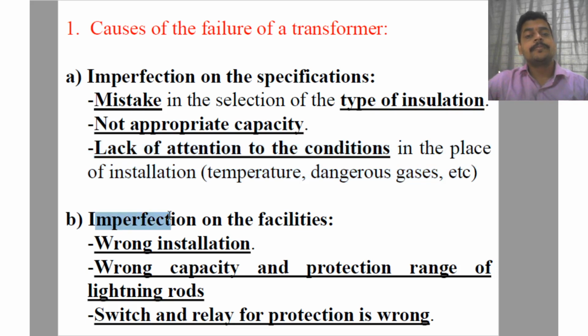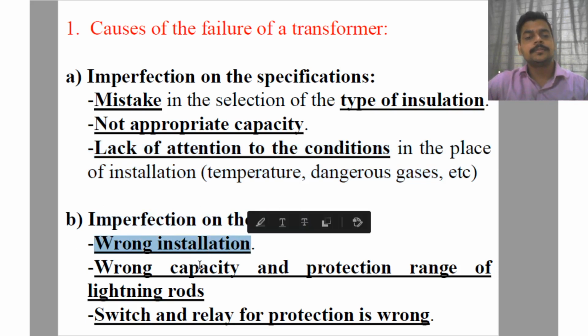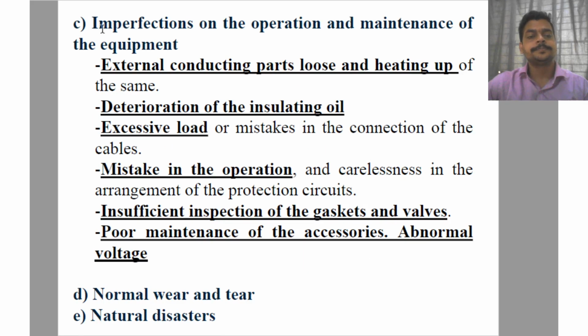There can be imperfection in the facilities, wrong installation, wrong capacity and protection range of the lightning rods, and wrong switches and relays for protection. So these are the causes of failure of a transformer.